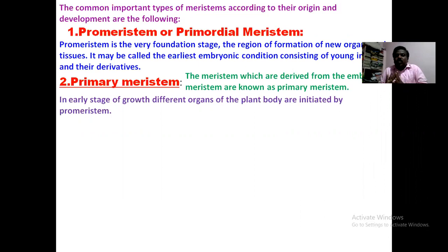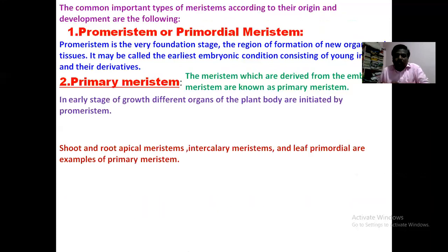The tissue present in the primary structure of the plant body is called primary meristem. It is present in the stem and root at the early stage of the plant body.